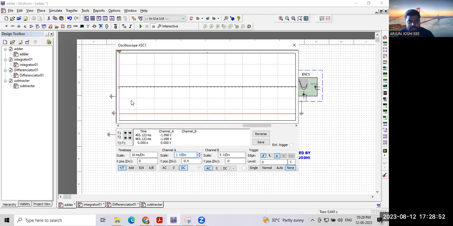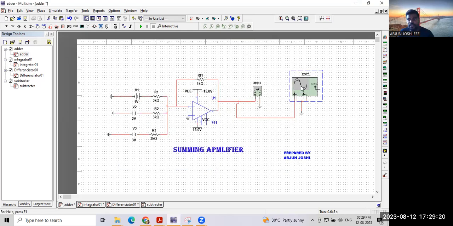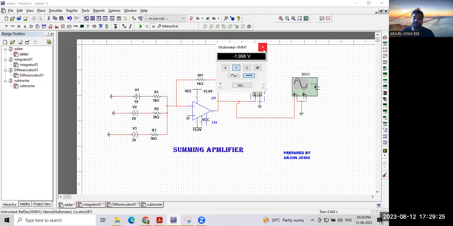Approximately it covers one box, two boxes, about 2.2. It should give 2 exactly, but it shows about 1.2, 1.4, 2.6. According to the calculation, it should show 2 volts. Compared to the oscilloscope, the multimeter gives the appropriate reading, so you can consider the multimeter reading only.